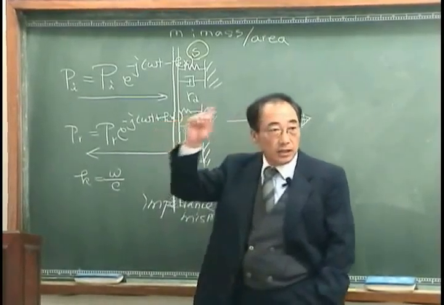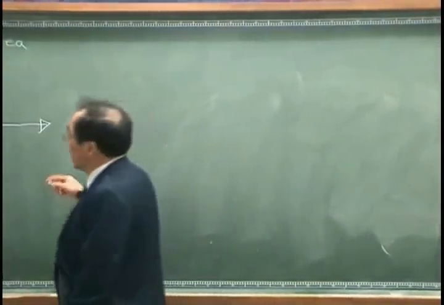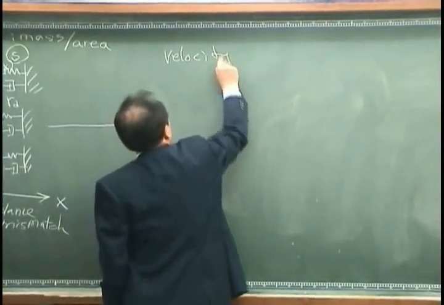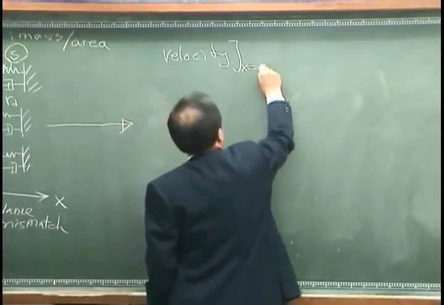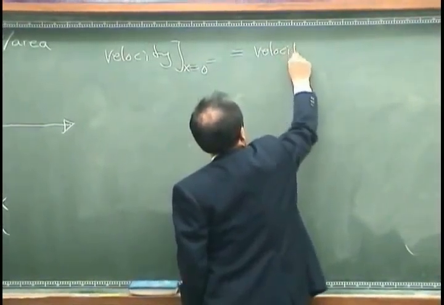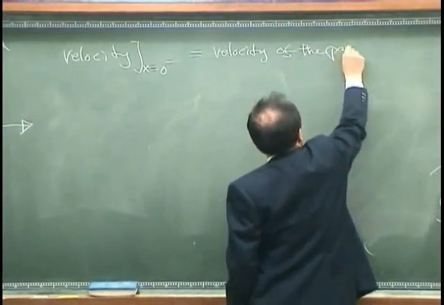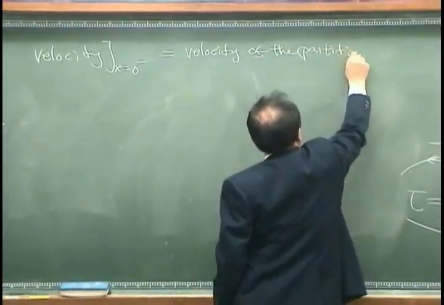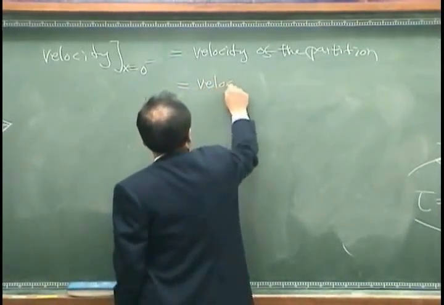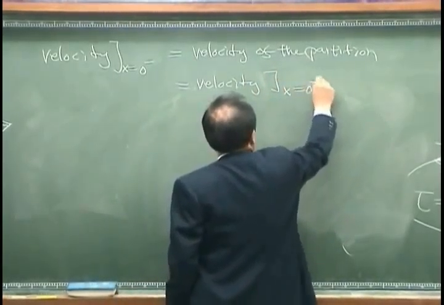That is the one boundary condition. Okay? So, let me write velocity at x equals 0 minus has to be the same as the velocity of the partition, that has to be the same as the velocity of the fluid particle at x equals 0 plus.